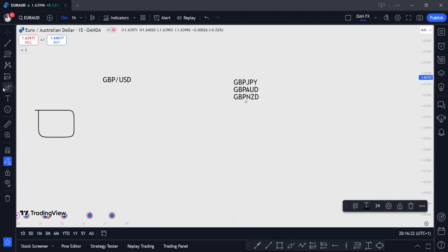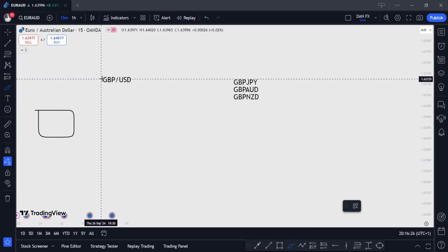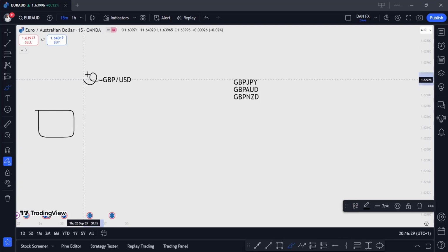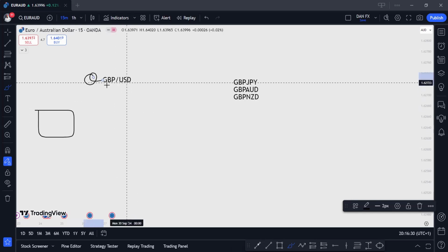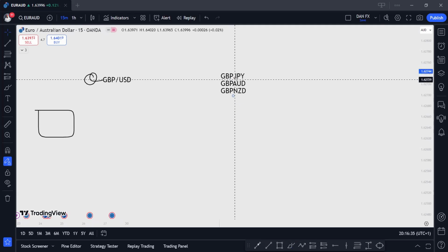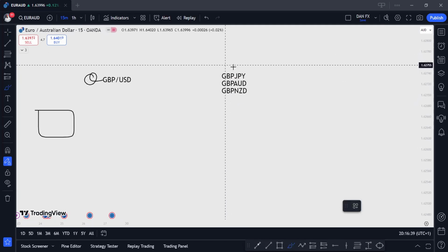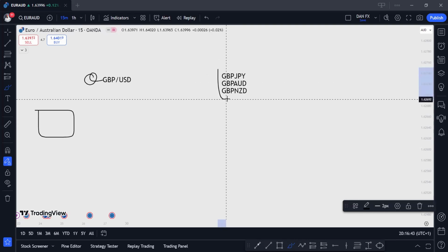Now, for example, your GBP USD is going to move either during London session or during New York session, right? Now, these pairs here have only one London currency, which is GBP, right? So the GBP is the London currency.